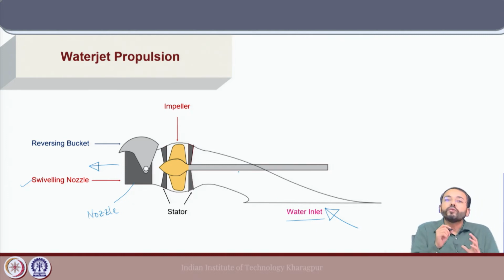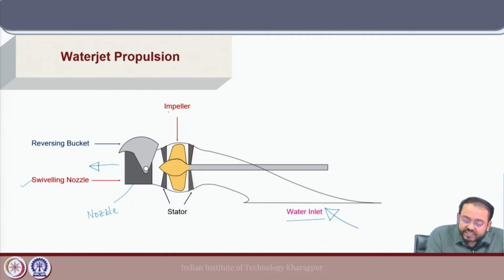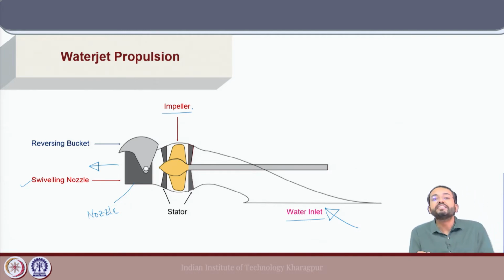Now, what are the essential components of the entire waterjet system? We have an inlet, and next important component here is the impeller, which is housed within the waterjet propulsion system in the ship hull.